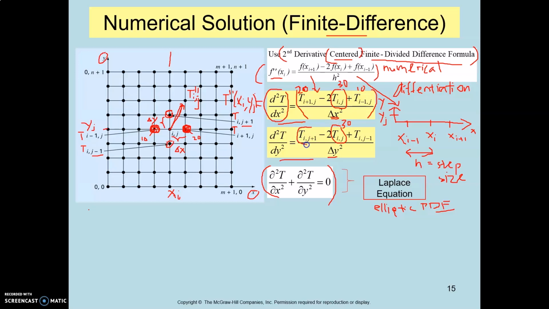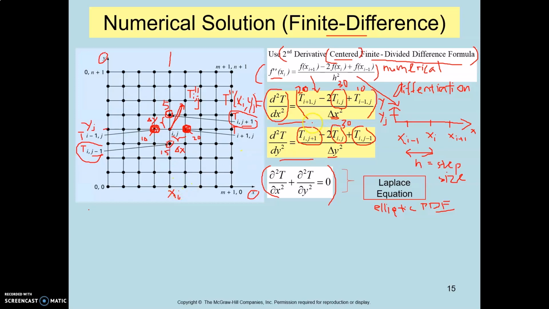How about the j plus 1 and j minus 1 terms? So i is constant. So j plus 1 is here at the top, and j minus 1 is at the bottom. So let's say I give the temperature at the top as 5, and at the bottom as 15.